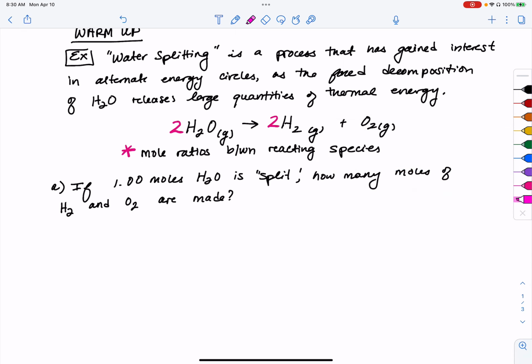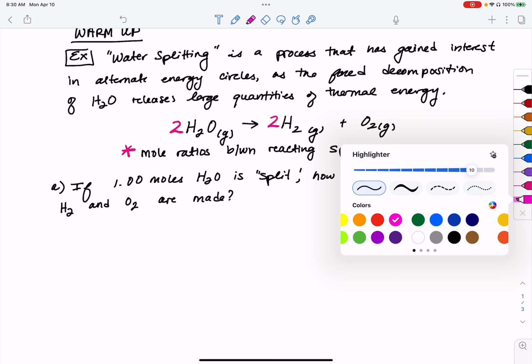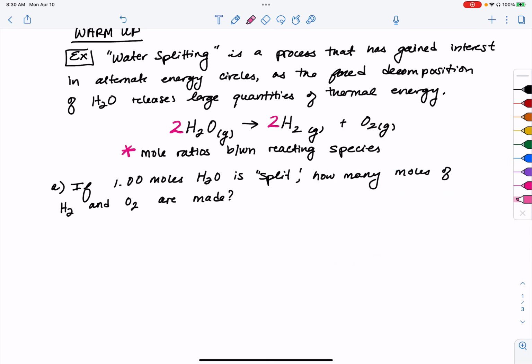And this is what I call our recipe. This tells us how much of one thing is needed to react in proportion with another thing in order for the reaction to complete. So if I wanted to decompose water, this would only happen if 2 molecules of water decompose into 2 molecules of hydrogen gas and 1 molecule of oxygen gas.